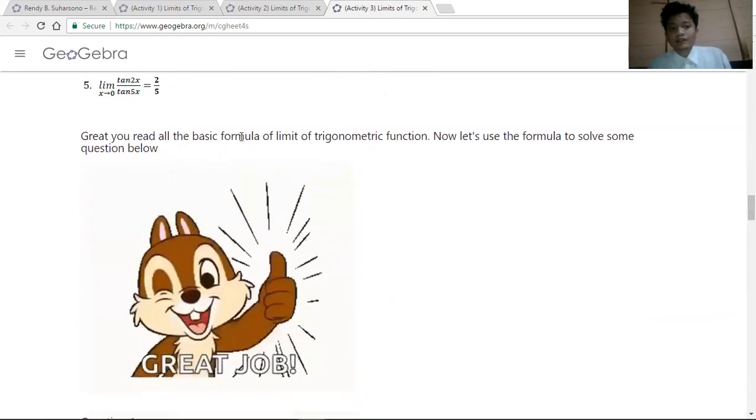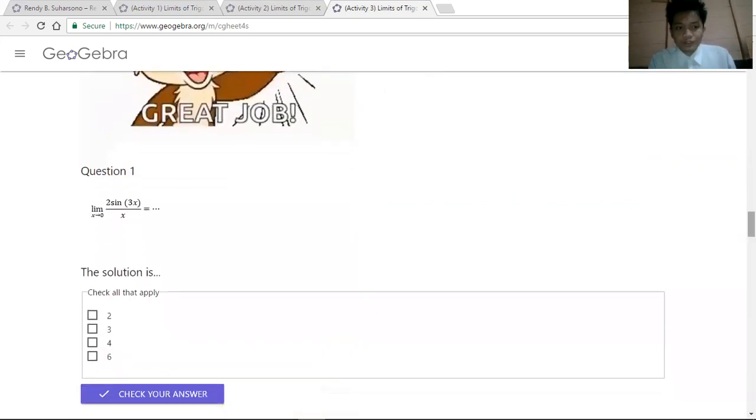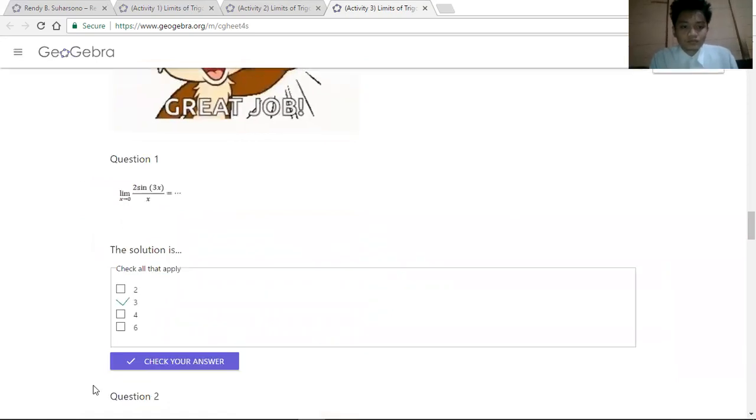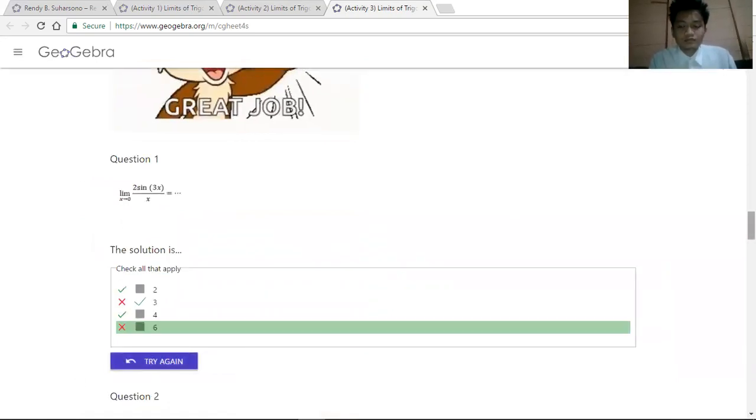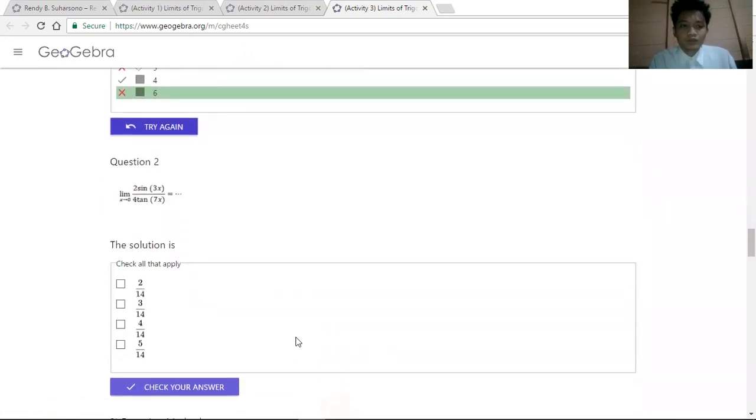Great, you read all the basic formulas of the limit of trigonometric function. Now let's use the formula to solve some questions below. Good job. Question 1. Question 2.